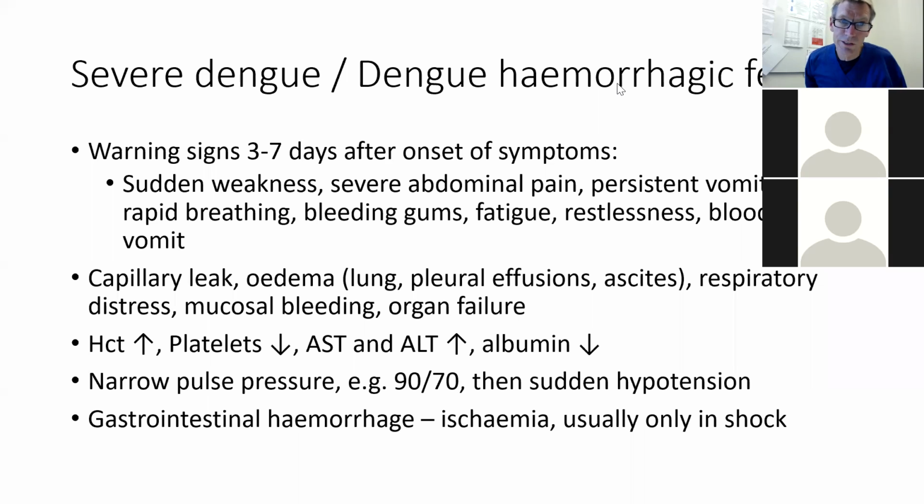If a patient progresses to severe dengue, then usually they have developed these warning signs somewhere between 3 days to a week after the onset of their fever. And the warning signs, I'll go through them again later, but often they develop severe weakness, abdominal pain, persistent vomiting, rapid breathing, sometimes bleeding from their gums or bruising on their skin.